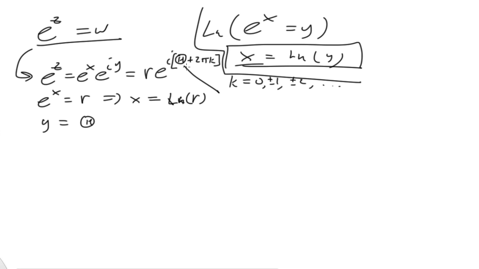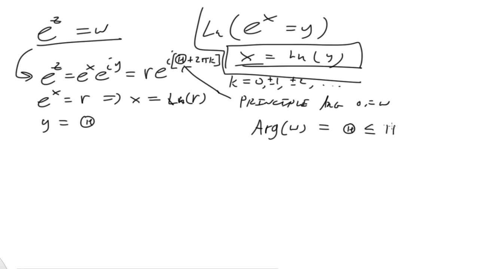This value here, I'm going to call the principal argument of w. So arg of w is equal to capital theta, and of course this is between pi and negative pi, and that's going to be plus 2 pi k.